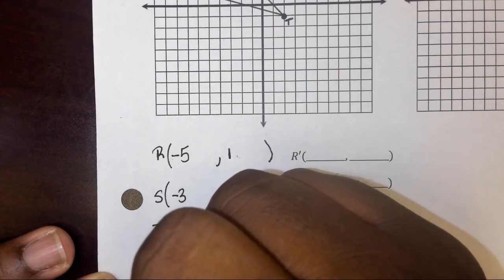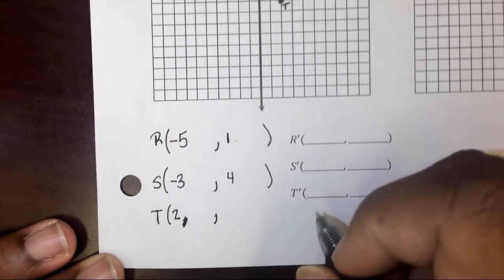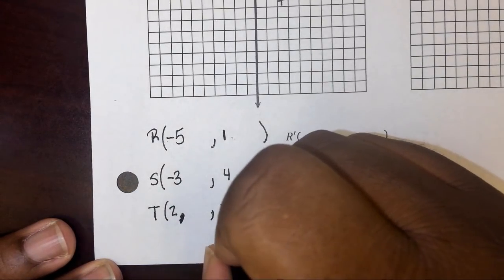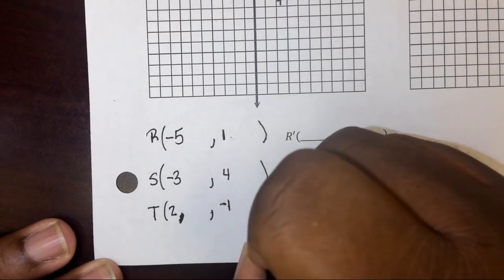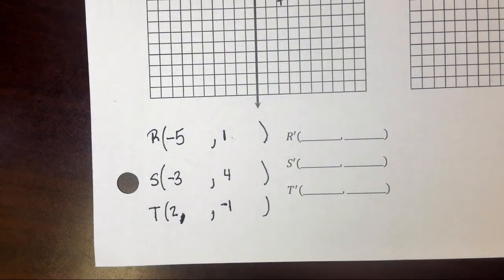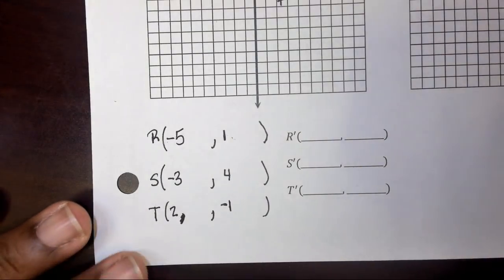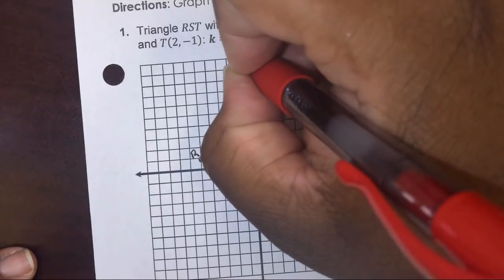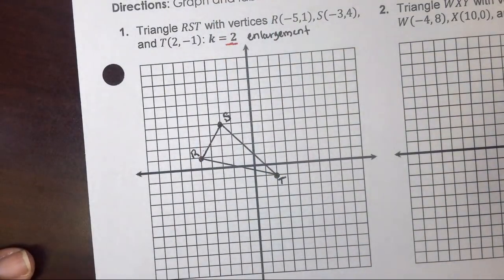Leave some space. The reason I'm leaving space is I had a scale factor up here. Whenever you have a scale factor, it's not hard to use it. All you're doing with the scale factor is multiplying, increasing this figure or decreasing it.